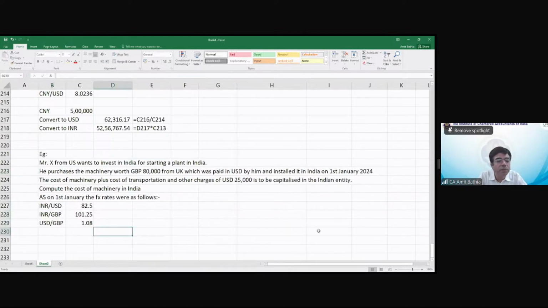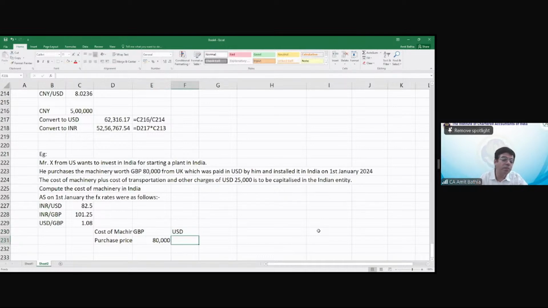USD to GBP. So first of all, for cost of machinery, the original purchase price, I have got is GBP 80,000, right? This is GBP. I'll convert this into USD.